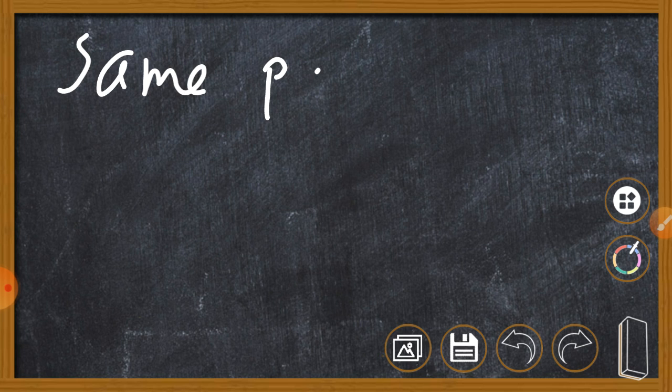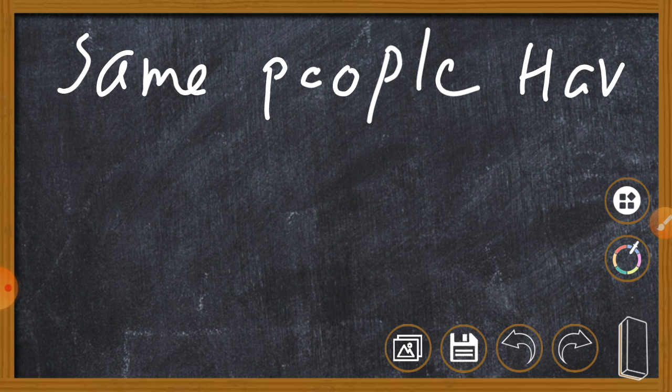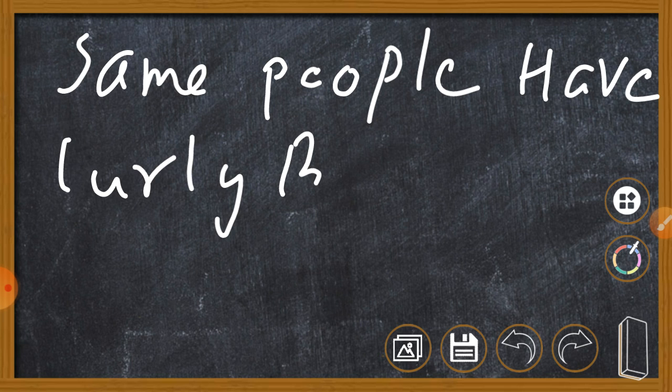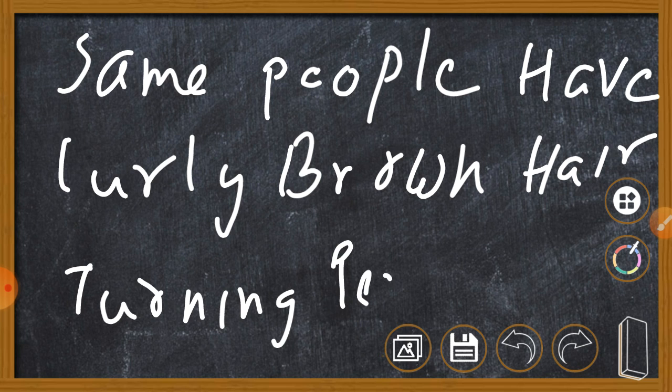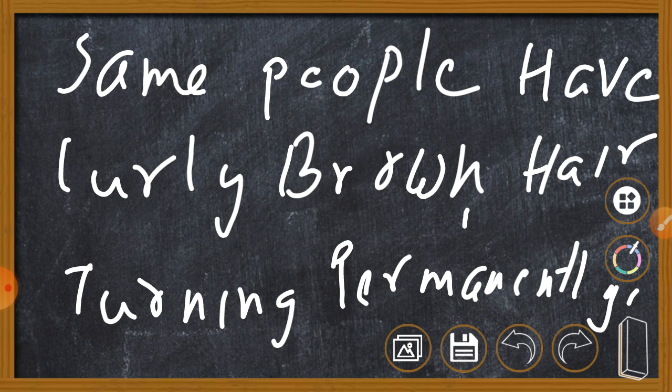Some people have curly brown hair turning permanently black.